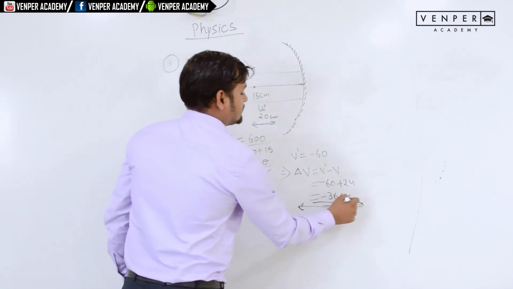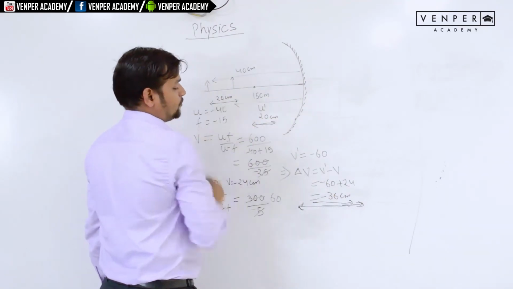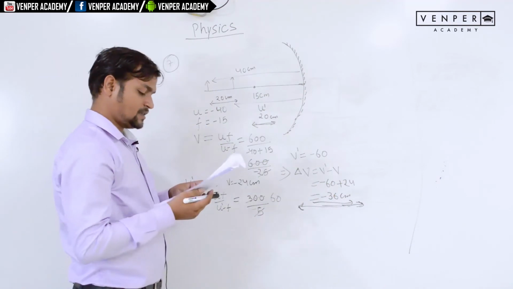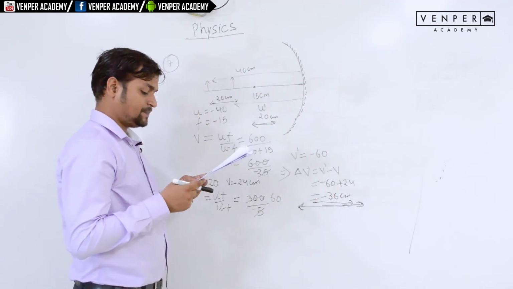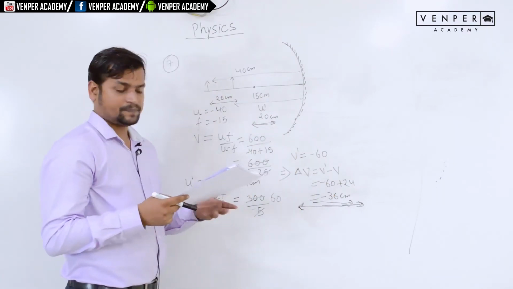So here this answer is negative, which means it is moving away from the pole. Clear? So the answer is minus 36 centimeter, or simply you can say 36 centimeter away from the mirror.